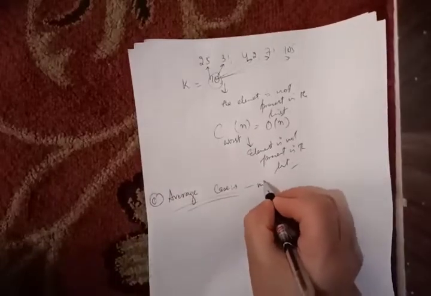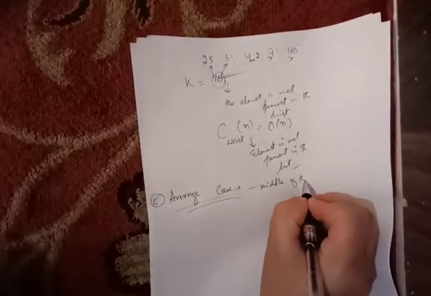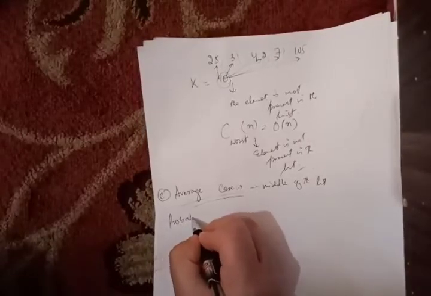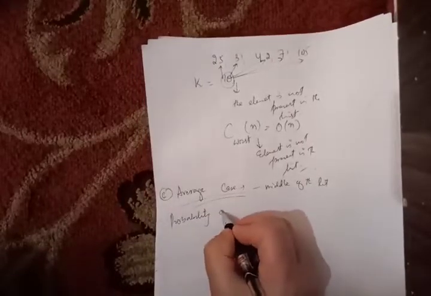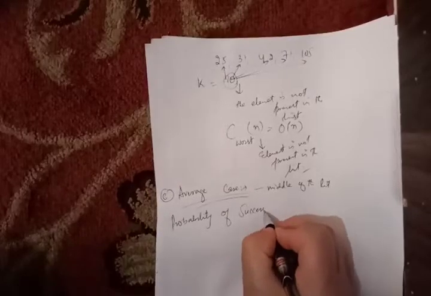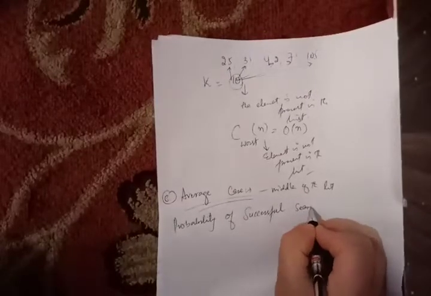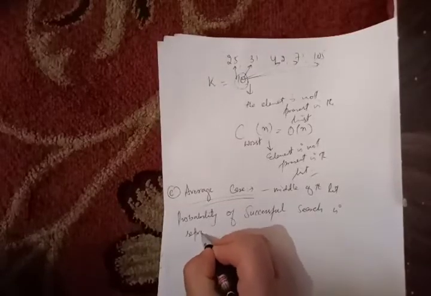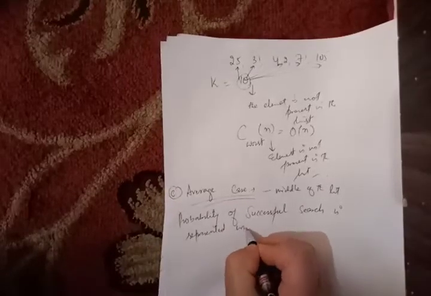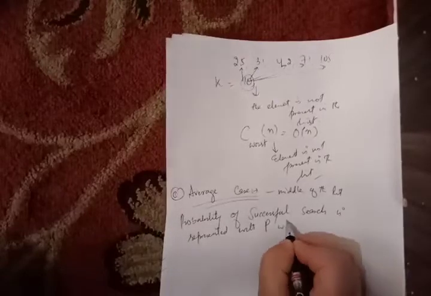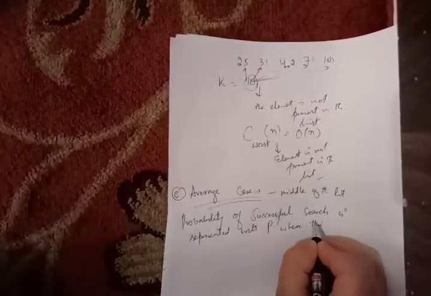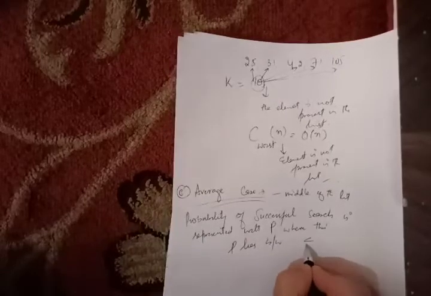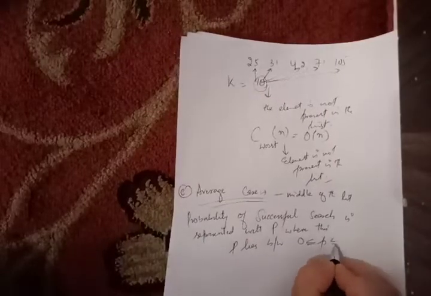Somewhere in the middle of the list, and the probability of a successful search is, say, represented by P, where this P lies between 0 and 1.